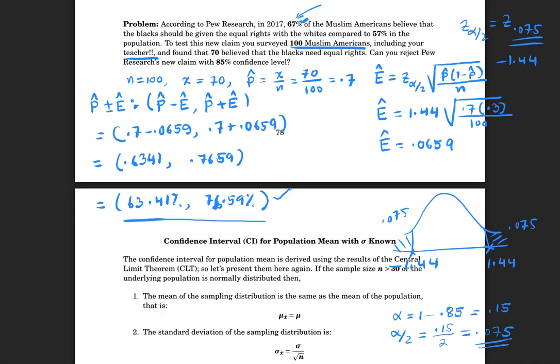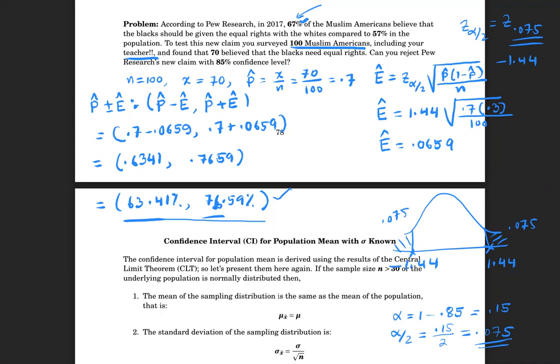The answer is yes, it does, because 67 falls between 63 and 76, right? It does fall in that range. Therefore, you would say you do not reject the assumption by Pew Research that 67% of Muslim Americans believe that blacks should be given equal rights compared to whites.